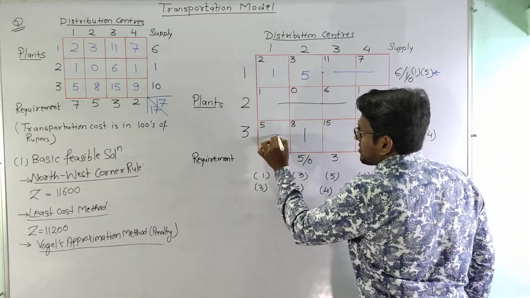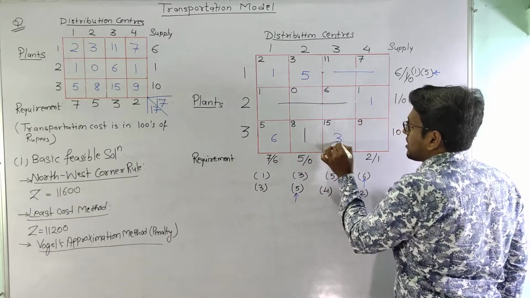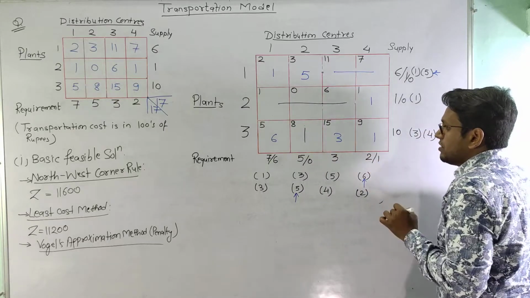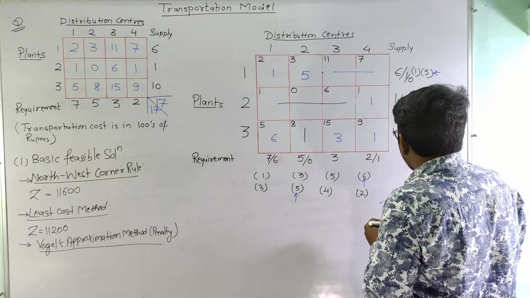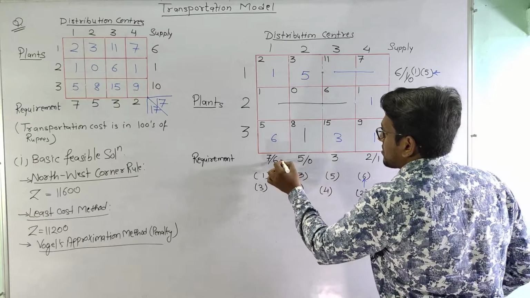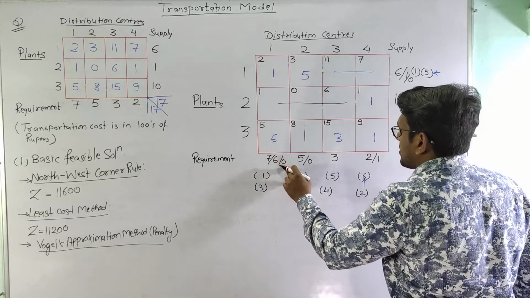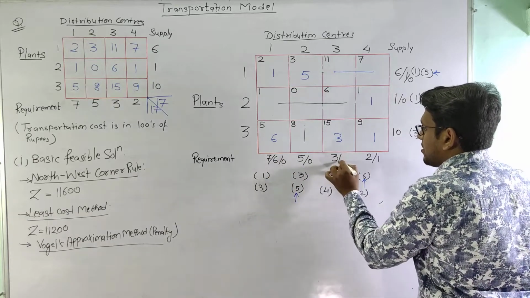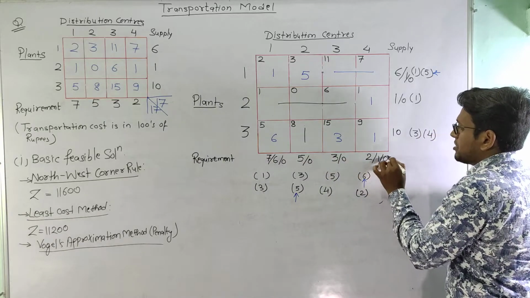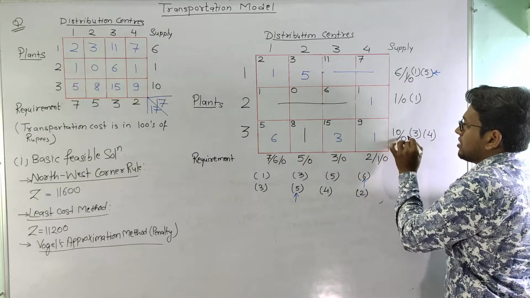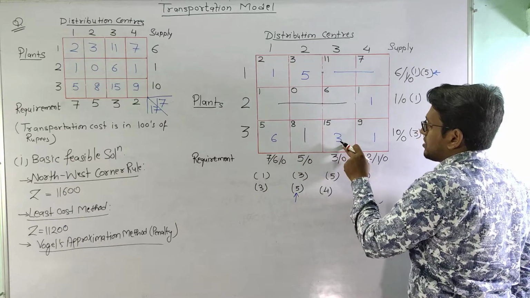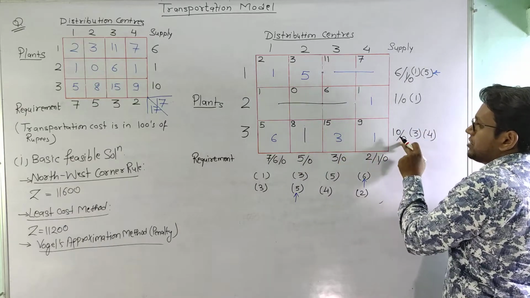So as we can see here 6 is allocated here, 3 is allocated here and 1 is allocated here. Similarly 6 plus 1, 3, 9 plus 1, 10, all the 10 has been fulfilled.